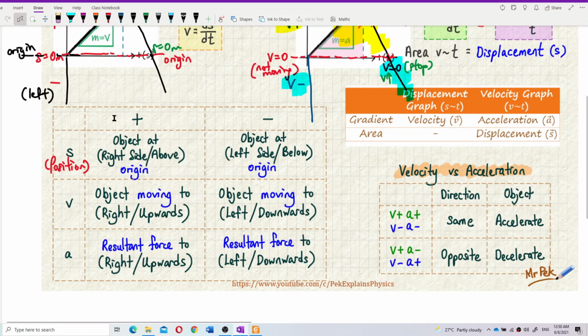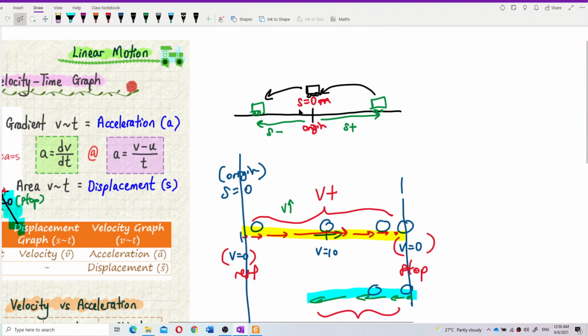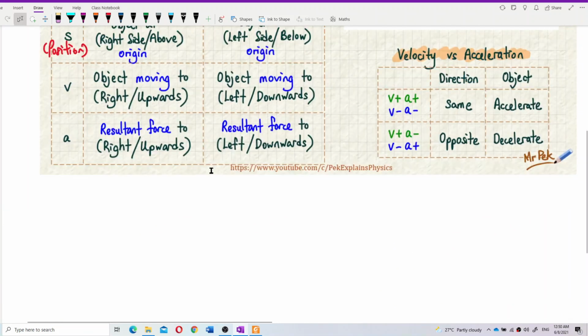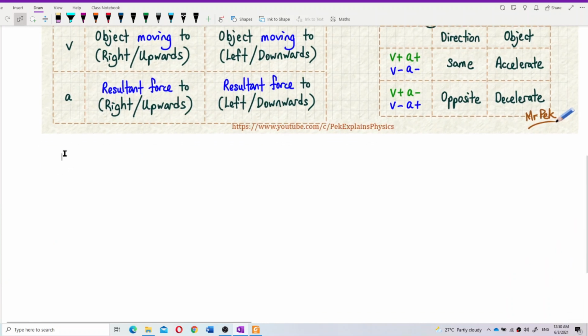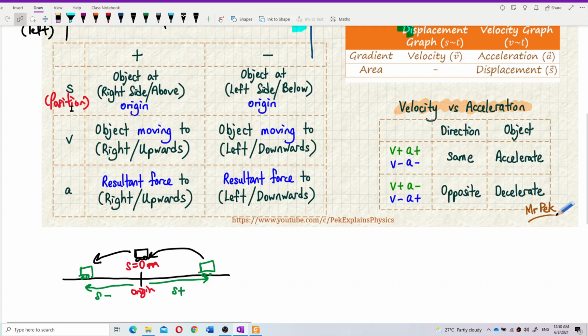So displacement positive. Maybe I should put this one here. Cut. Paste it over here. See that? This displacement is more to position.